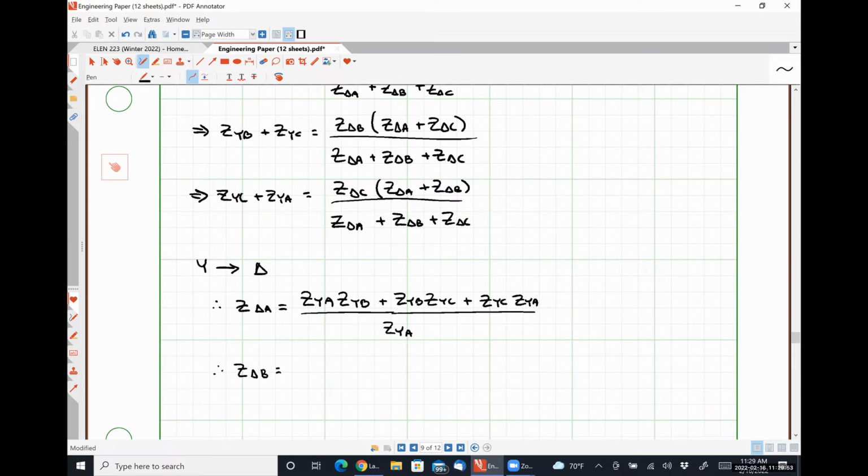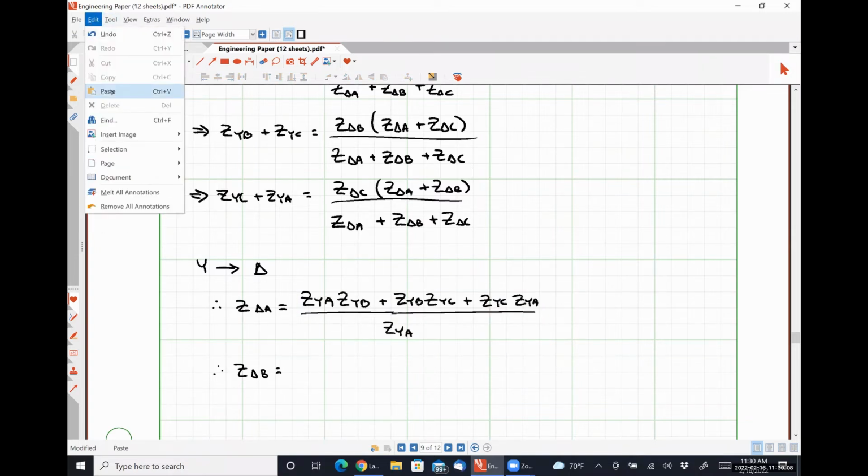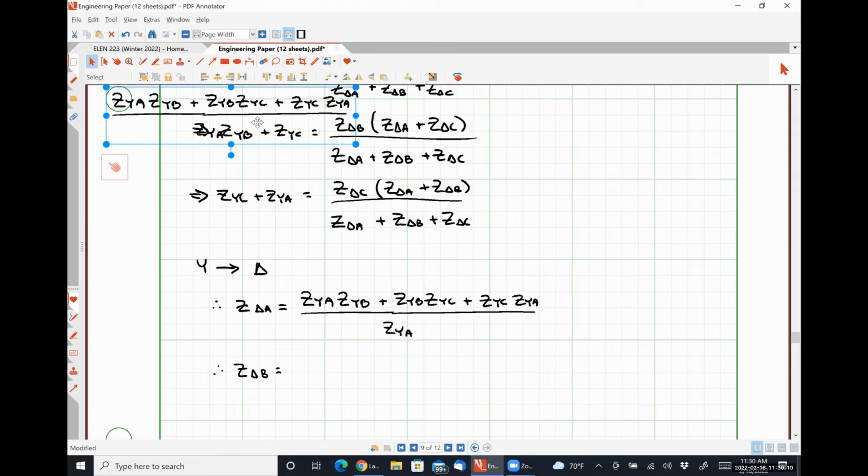Z delta B is that same numerator divided by ZYB. So I'm going to be lazy. I have to talk and you guys don't, so I don't think it's cheating.